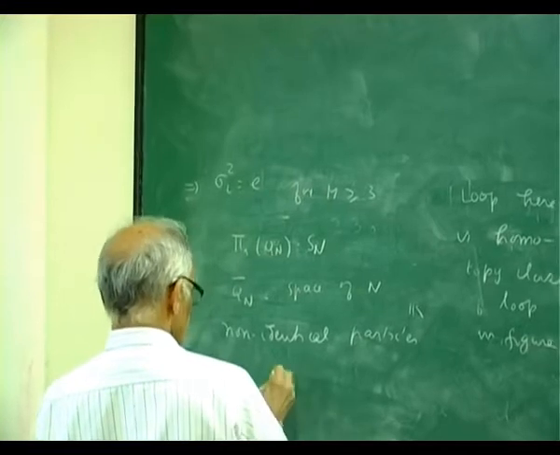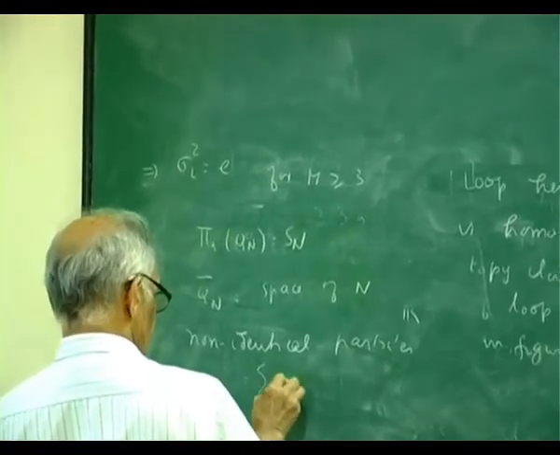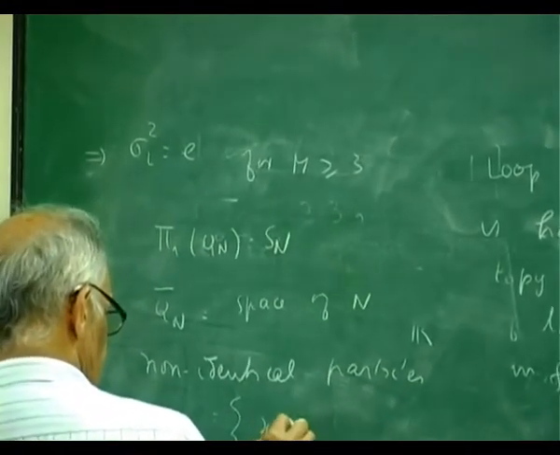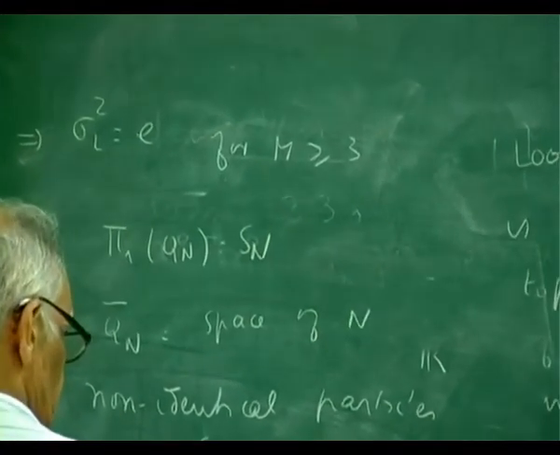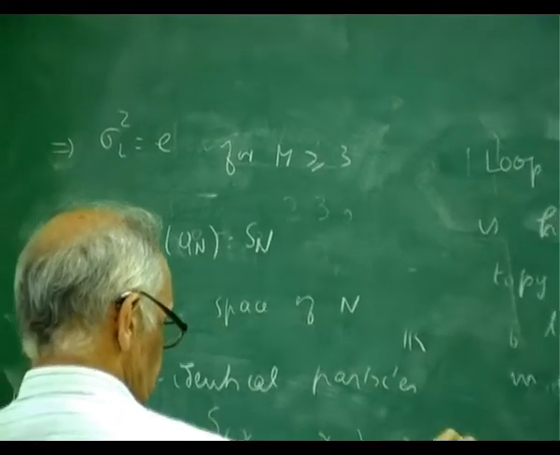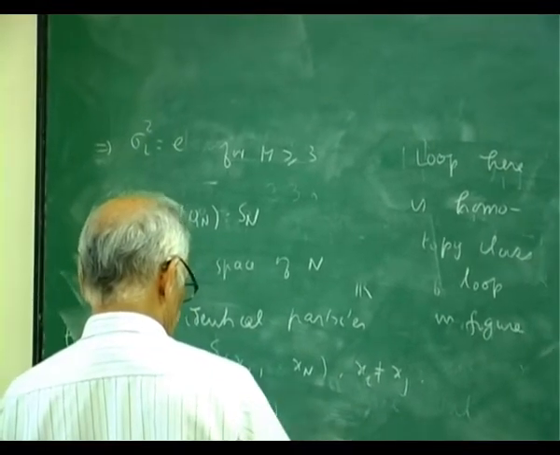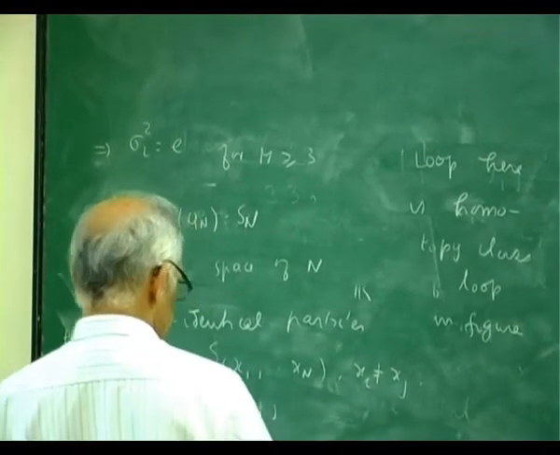So it will consist of, let me call it, x1 up to xn, with x_i not equal to x_j for i not equal to j, and it is an ordered set.